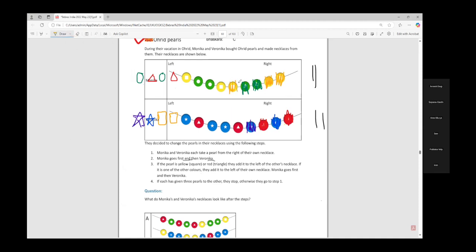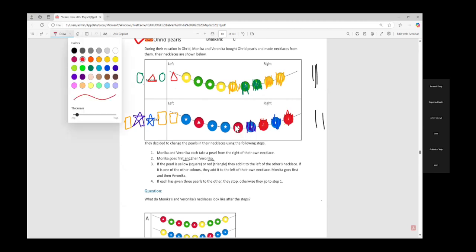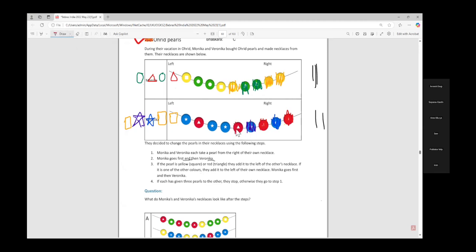The yellow square will go to the other person, so Veronica gets a yellow square. And now Monica has given three things. And next is a red star on Veronica's side, which is also given to the other person. And now we know that both of them have given three things each to the other person.